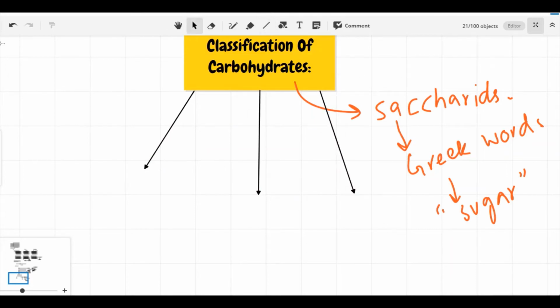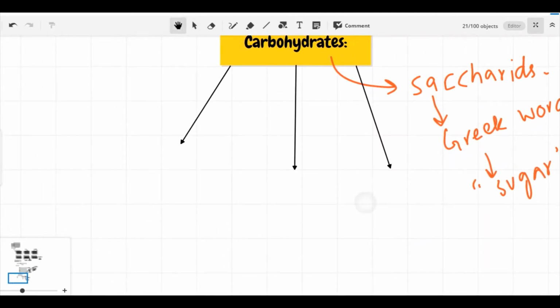These 3 groups are: the first group of the carbohydrate is known as monosaccharides.